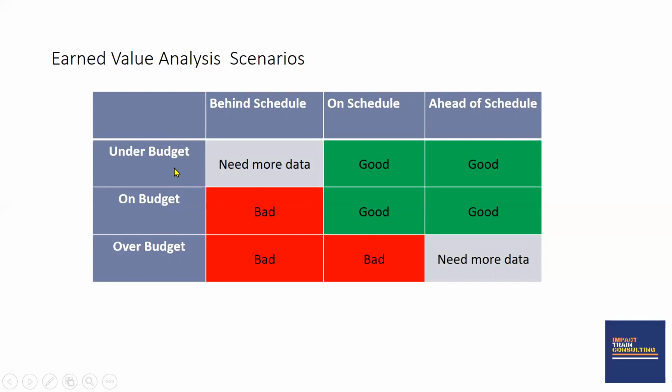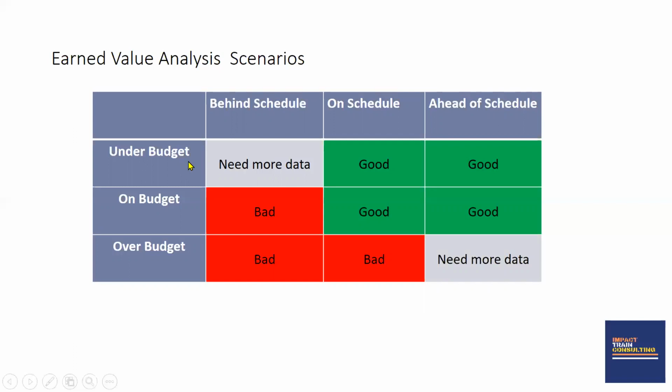Now, the end value analysis is saying that whenever you find yourself under budget and behind schedule, it is not good and it is not bad. You need to provide more information as to why you are not spending the budget and you are also not moving as fast as you should be in your work plan.